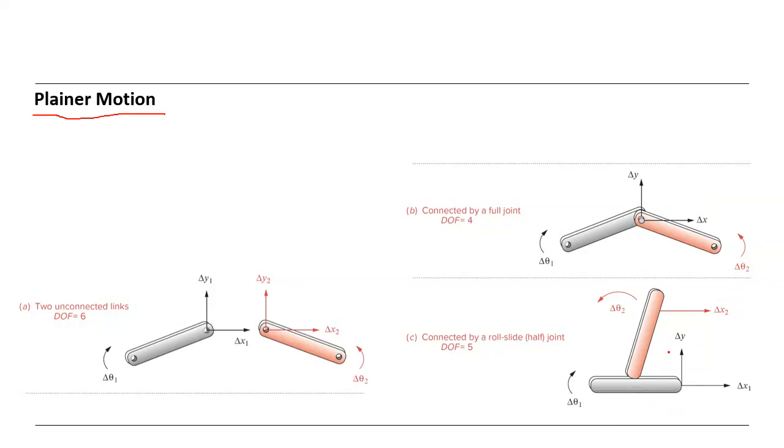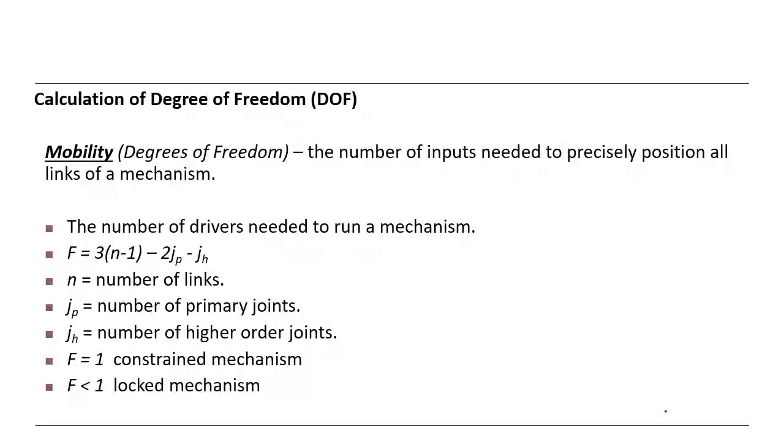So in this example, you see there is 5 degrees of freedom, because this moves in X direction, Y direction, and this also can move in X direction, but additionally they can rotate, and this can rotate, and this also can rotate. So therefore, we have here 5 degrees of freedom.